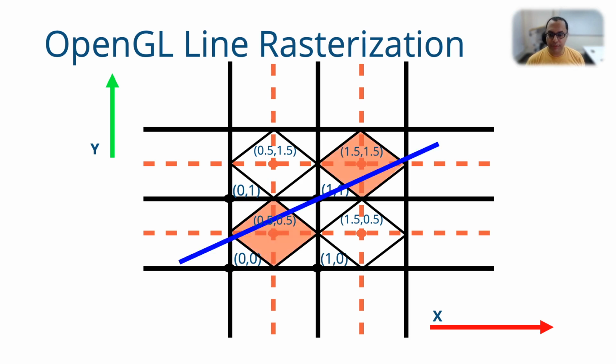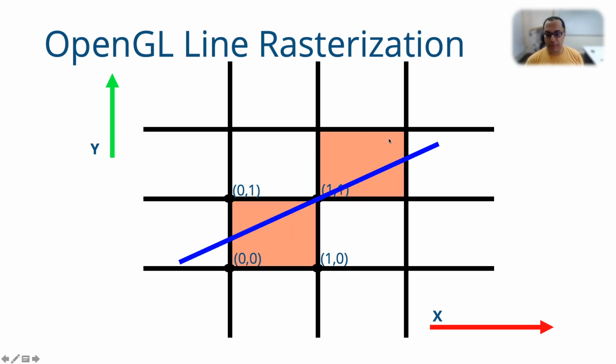Now if you want to rasterize this blue line on the pixel grid, which pixels should be covered or colored? OpenGL says the following: if this line passes through the central diamond of a pixel, it passes through this diamond and that diamond, then you color the corresponding pixel.